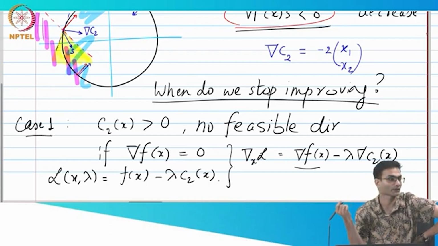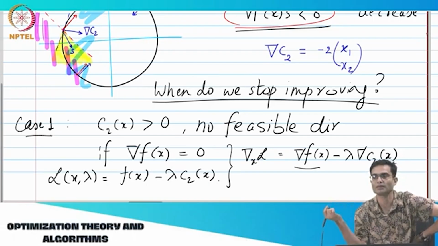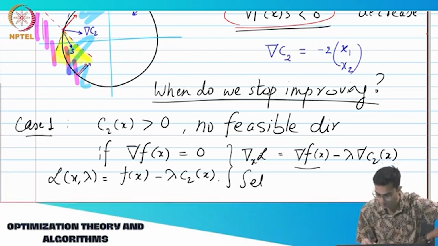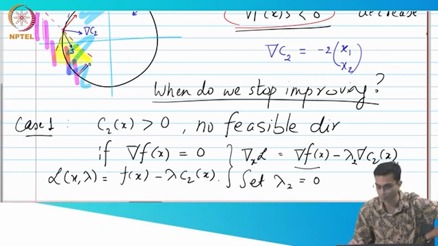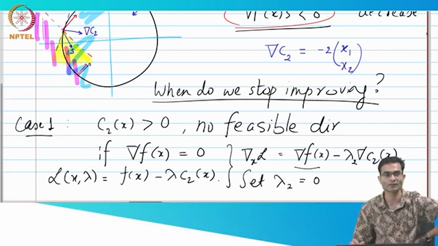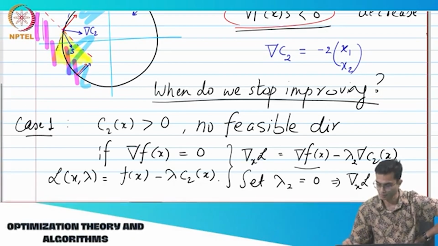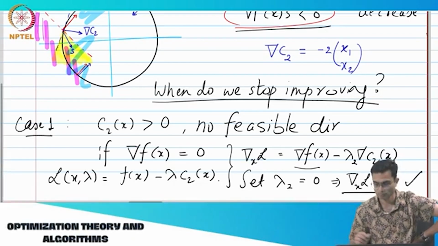Grad c is not in my hand. Lambda is in my hand. So if I set lambda 2 equal to 0, then this condition seems to work.